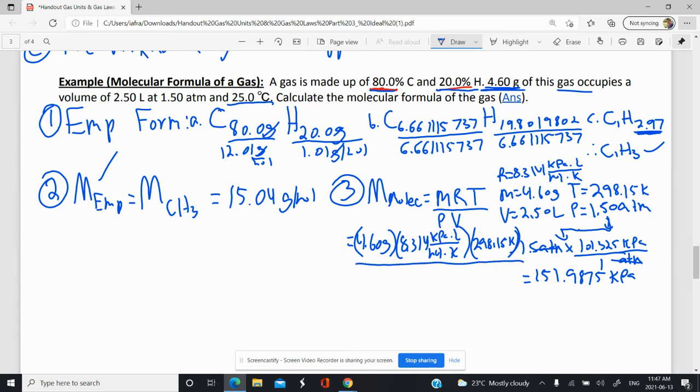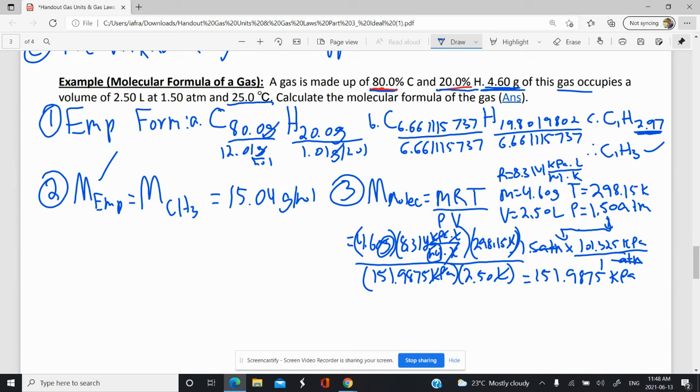So the pressure is 151.9875 kPa, and the volume is 2.50 liters. We can cancel out liters, kPa, and Kelvin, and we're left with grams over mole, which is our molar mass.